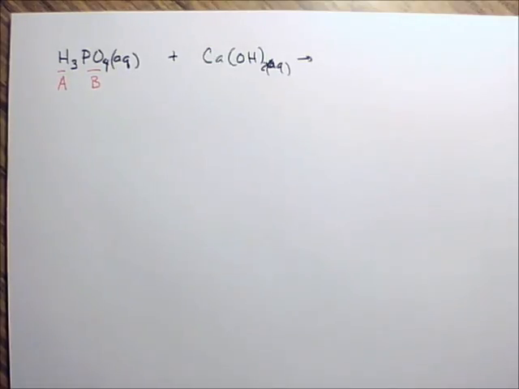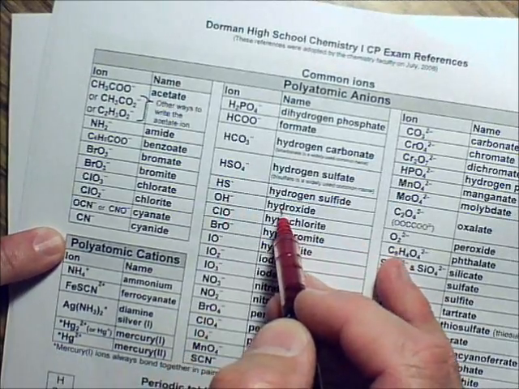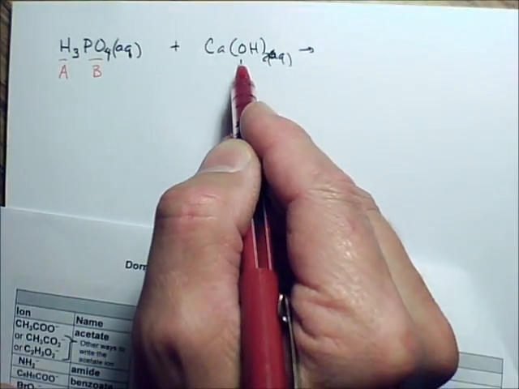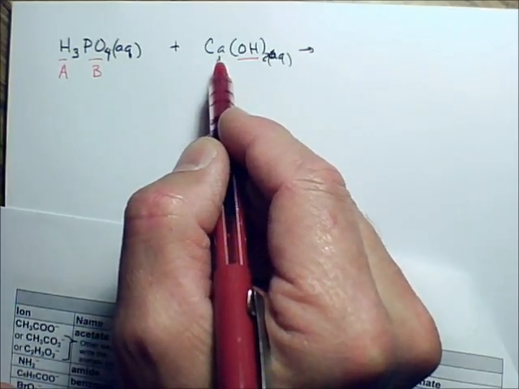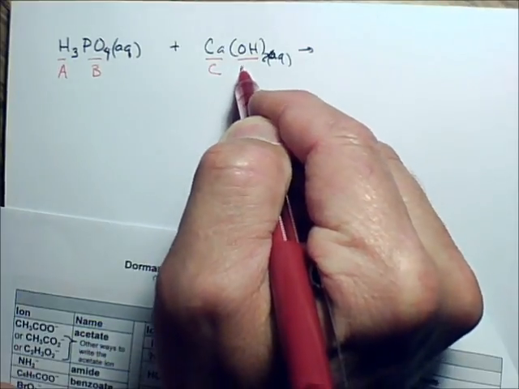That doesn't mean it does it every single time, but almost all the time it tends to stay together. At least in this class, that's the way we're going to do it just about every time. There's hydroxide right there. That looks like this part of this formula. So if it tends to stay together, that's one part. So I need to find the other part, and that's calcium. So this would be like C and D.